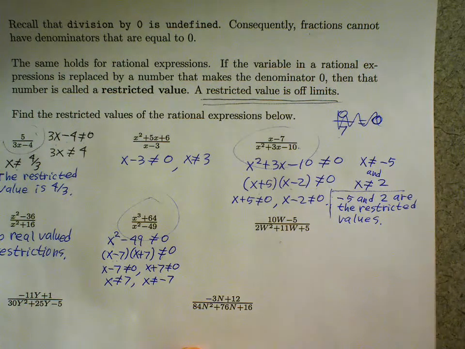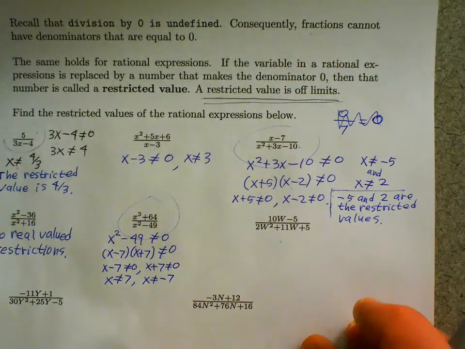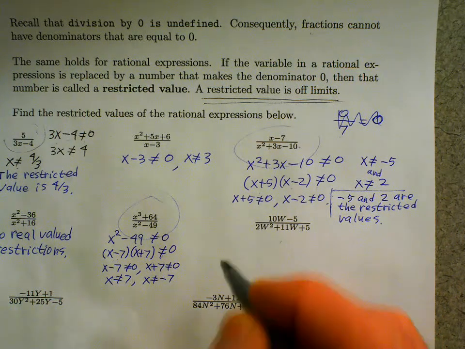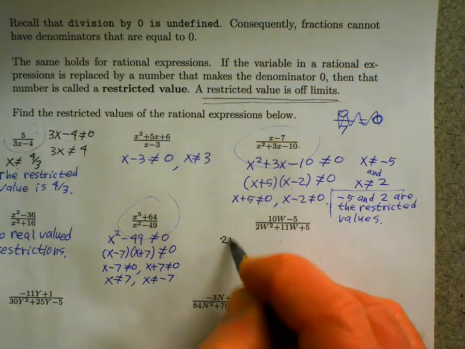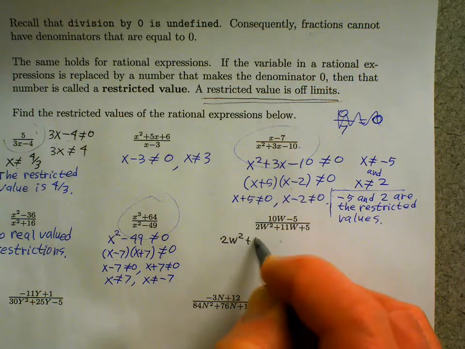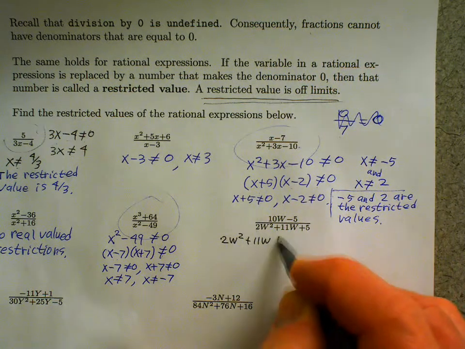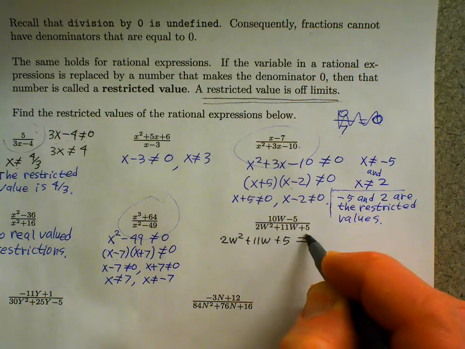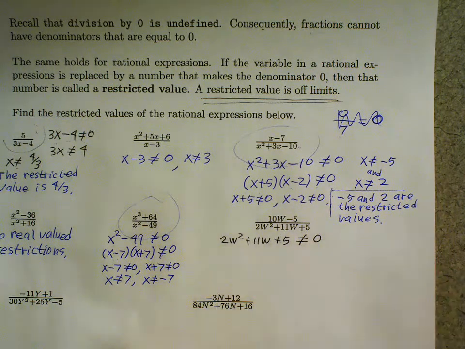If we want to find the restricted values, we focus on the denominator. The denominator is 2w to the second plus 11w plus 5. And we say the denominator cannot be 0, does not equal 0.